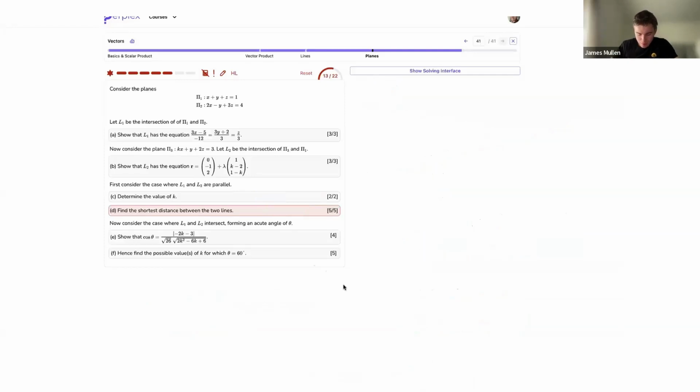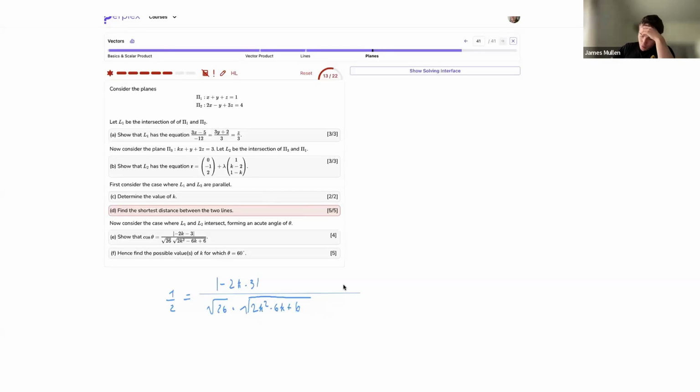And finally, in the last part, we're trying to find the possible values of k for which theta is equal to 60 degrees. So if theta is equal to 60 degrees, it means that cosine of theta is 1 over 2. So I have 1 over 2 is equal to minus 2k minus 3 over the root of 26 times the root of 2k squared minus 6k plus 6.